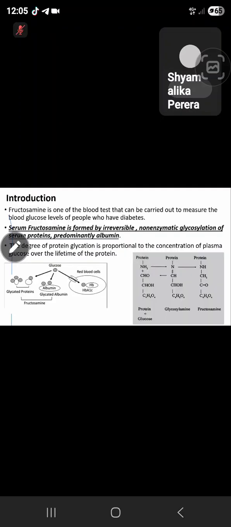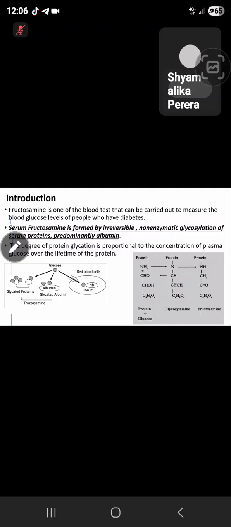Then the other important thing is fructosamine, which is not practiced in our system very popularly. Fructosamine is the combination of excess glucose with proteins. Serum fructosamine is formed by irreversible non-enzymatic glycosylation of serum proteins, predominantly albumin, with glucose.